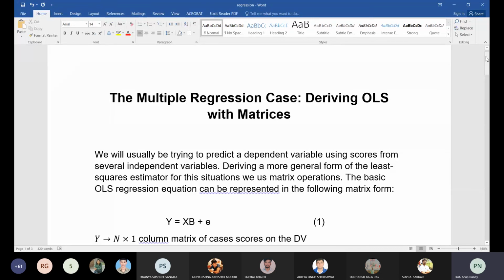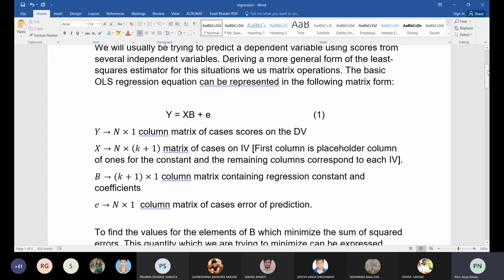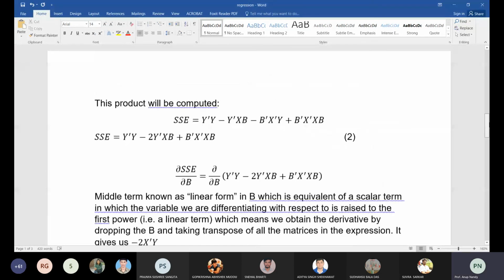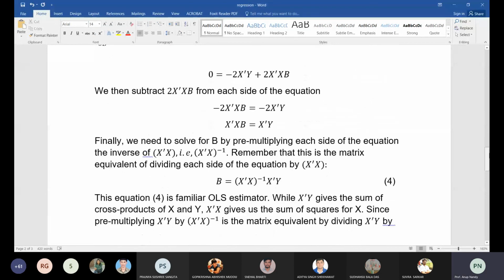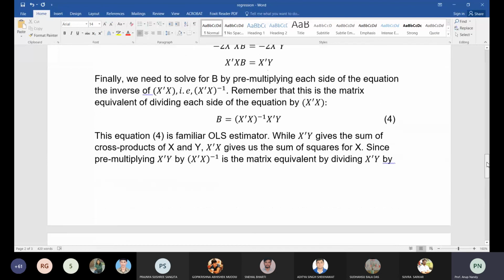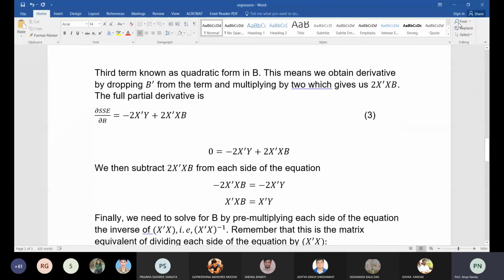But in the multiple case, where there is a matrix and you have to do the differentiation of the matrix, you need to know certain tricks. Now I have the PPT and this PDF file, so don't worry. I'll share it to all of you so that you will have a more detailed understanding of this.